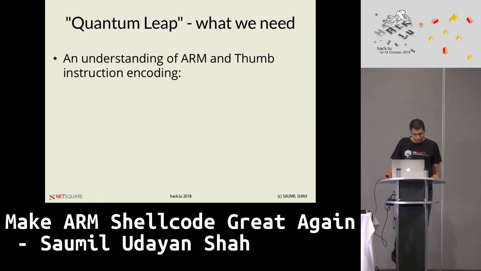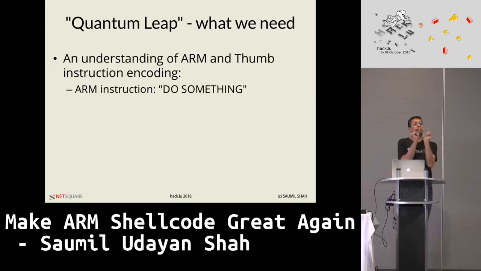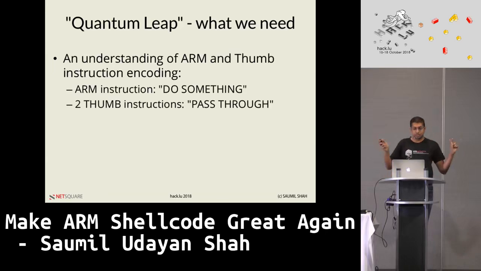thumb instruction encoding. If we can create well-encoded ARM instructions, you'll get a 4-byte sequence in ARM which does something. But the same sequence, when you break up the 4 bytes into two 2-byte thumb instructions, simply passes through non-destructively. To pull this off, we have to leverage a few cool features that the ARM instruction set provides us.